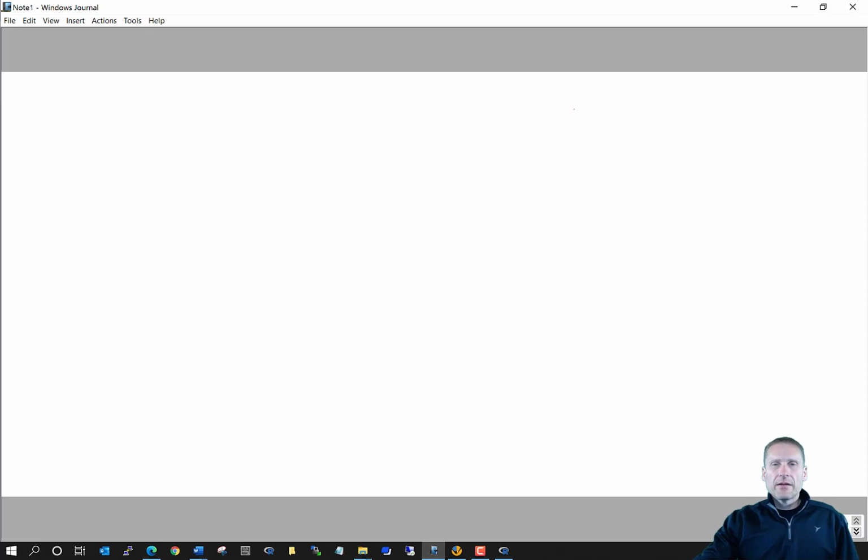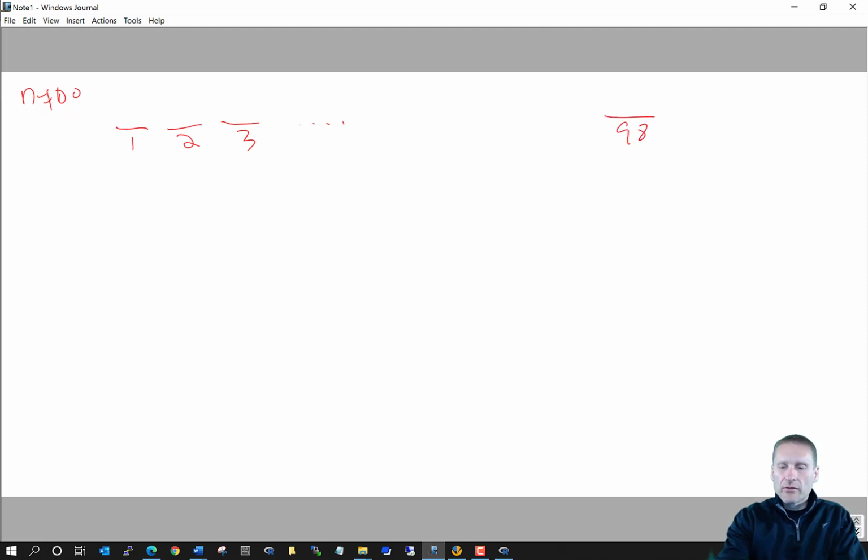Okay, so imagine that we had n equal 100. We have 100 observations and we were able to come up with 100 residuals. With these residuals, let's say we order them from smallest to largest. Here is the smallest residual.